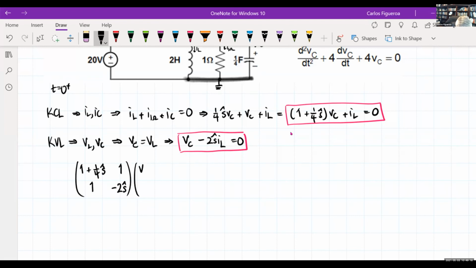And then I'm going to get VC, IL, and then I'm going to get my constants, which is 0, 0. So here we go. So we now know that this is my operator matrix that gives me my natural response. So this tells me here, let's do the cross here. So if I do that, this is going to give me minus 2 s hat operating on 1 plus 1/4.